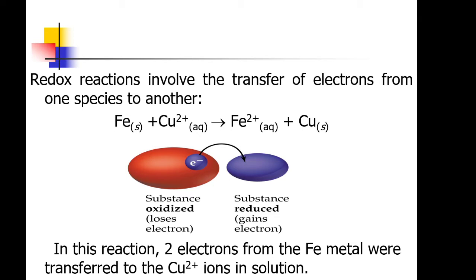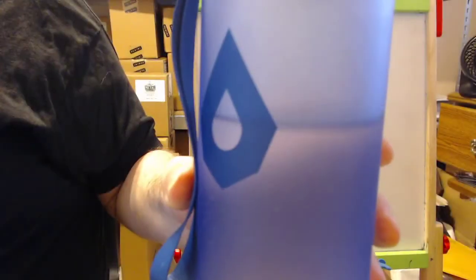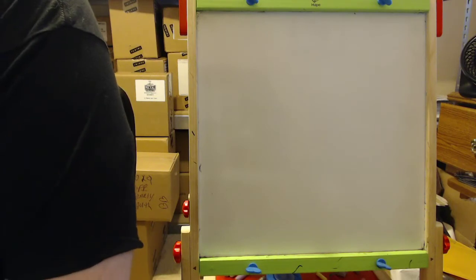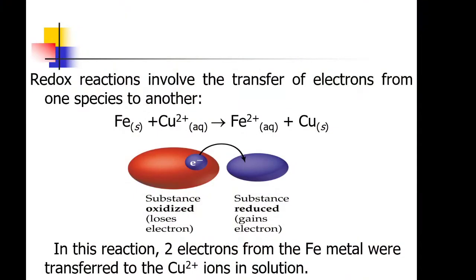Now, if we were to see this in a lab setting, we would have a solution of copper, which is usually a bluish color, like my water bottle. We would drop a solid piece of iron in there, and over time, the iron would go into solution, the copper would fall out, and the solution would lose its blue color.